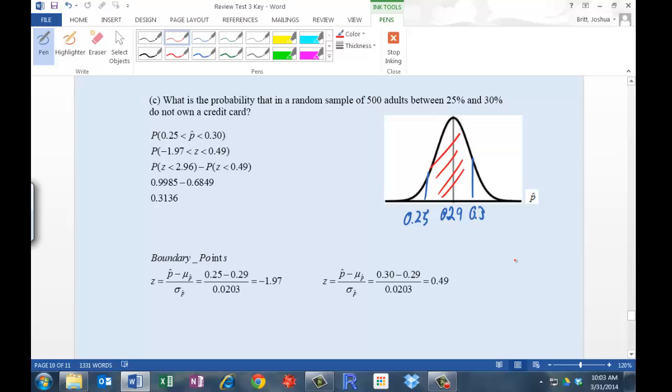Okay, so again, we convert p hat into z using the z-score formula, p hat minus the mean over sigma, for each. So remember, we want the area from here back minus the area from here back, which leaves what's in the center.